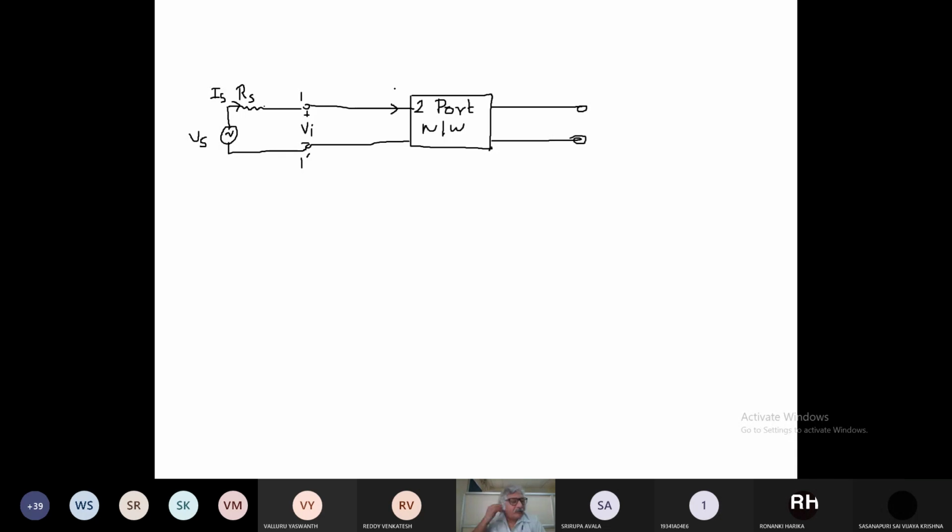The current which will flow into this two-port network will be Is.